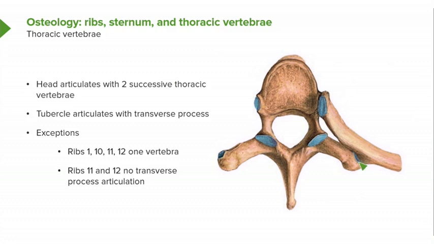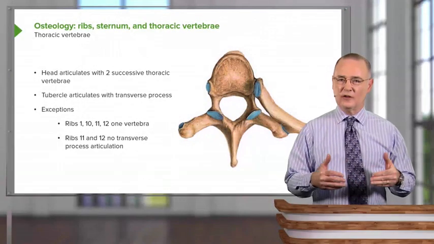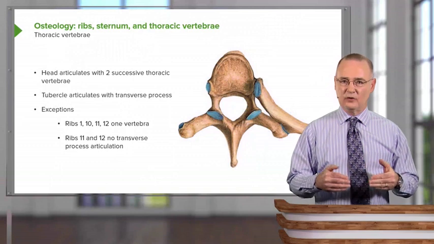And then if we look at the tubercle, here we can see the tubercle of rib 6 articulating with the transverse process of the 6th thoracic vertebra. There are some exceptions with respect to how ribs articulate. Ribs 1, 10, 11, and 12 just will articulate with their respective vertebral level.